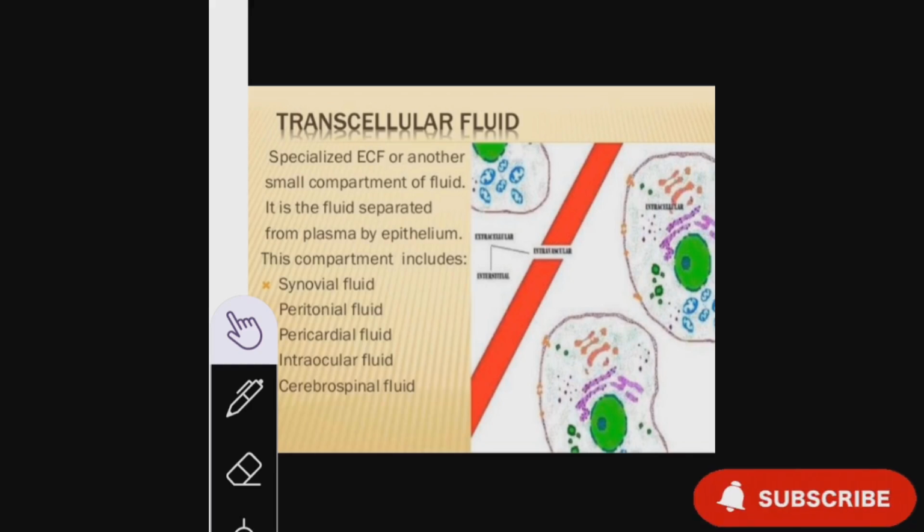Sometimes they are considered as a small part of the extracellular fluid. But most times in physiology discussion, the major compartments we focus on are intracellular fluid and extracellular fluid, which is further divided into plasma and interstitial fluid. Take note.